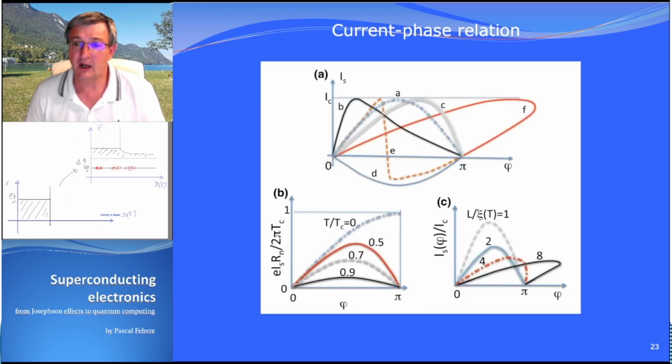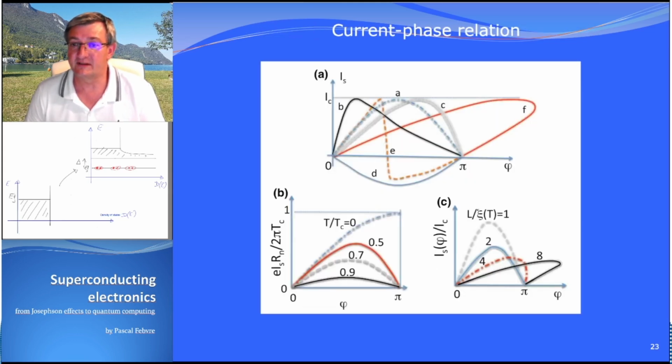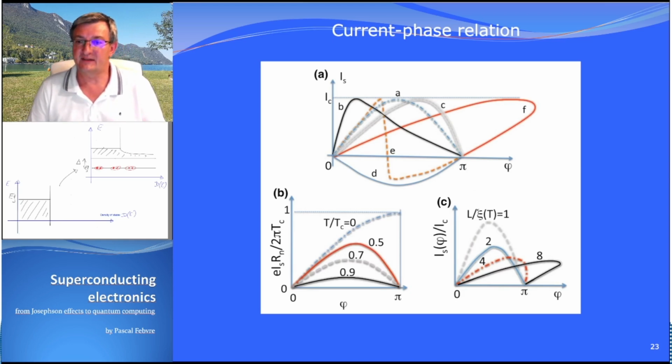If you see how this current varies with the phase, you see that depending on the different cases that I mentioned here, you have different curves, right? So the most well-known is this A curve, blue, which is a sine, right? Basically, I is sine of phi. But you can see that in some cases you have a very strange behavior.